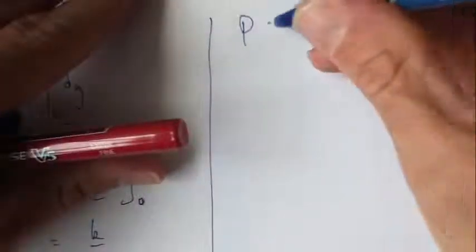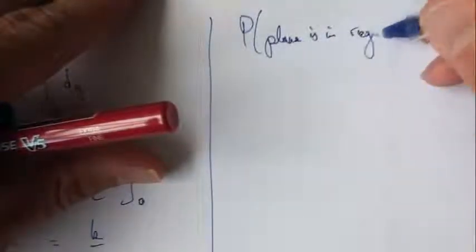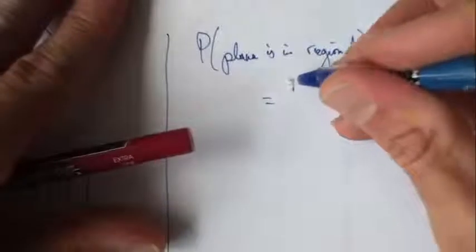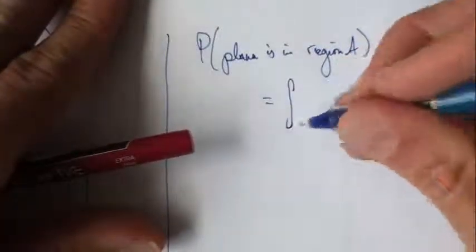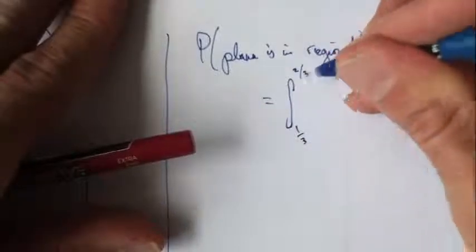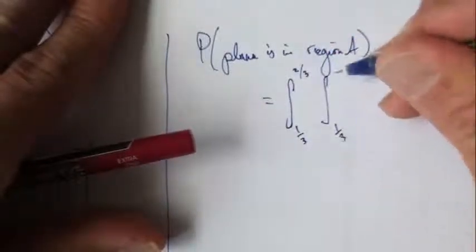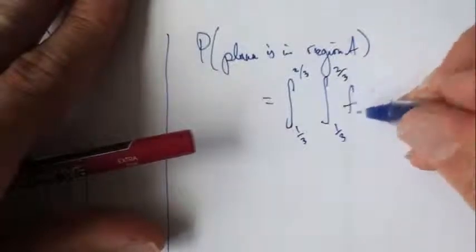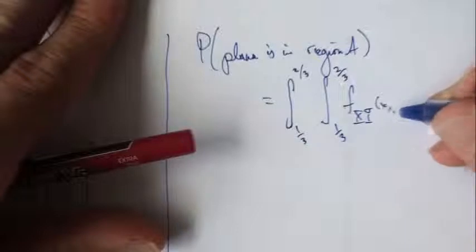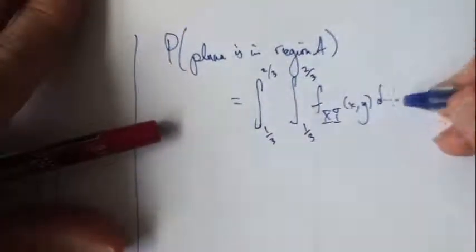So I'll say that the chance that the plane is in region A is, and of course this is all a guess, we don't know where the plane is, but assuming that this density function is correct, this is just going to be the integral from a third to 2/3, and then also a third to 2/3, dx dy.